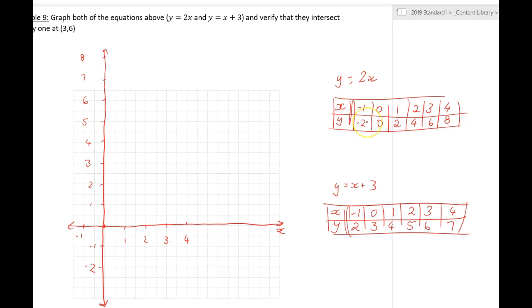So for my first one here, I need negative 1, negative 2. Then 0, 0, which is called my origin. Then 1, 2. 2, 4. 3, 6. 4, 8. I'm just going to do a little bit of this here.